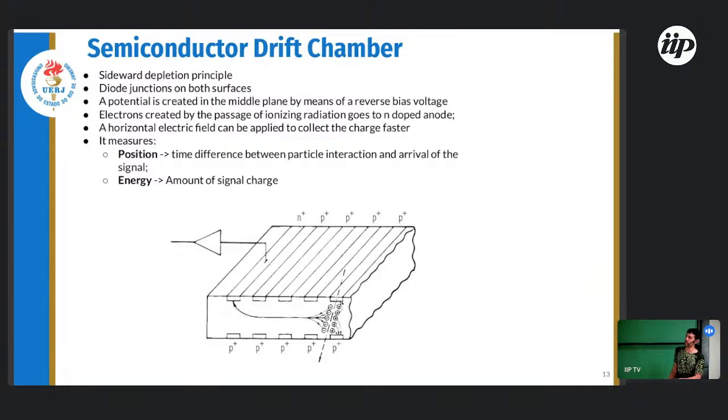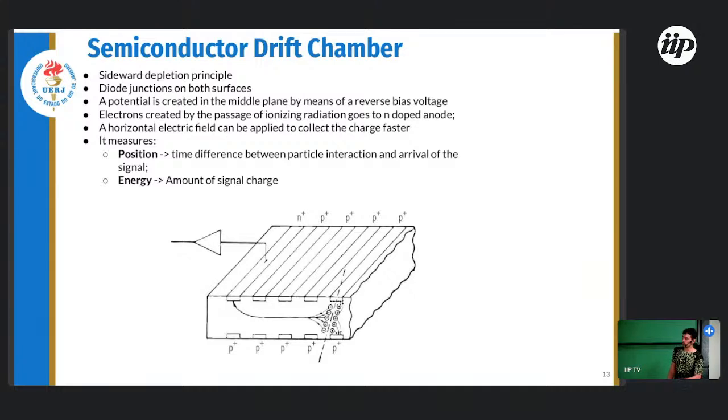And then we have several strips which are P plus. And remember, at the P we put the negative potential. So the electron will not go to the P because it's negative. Instead, it will go to the N plus, which is connected to the plus potential, and then we can detect the electrons, and then we form the signal here.